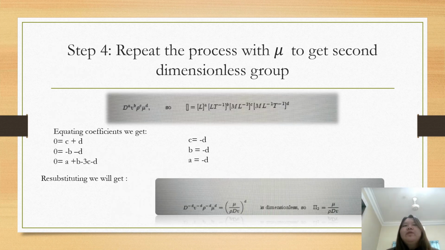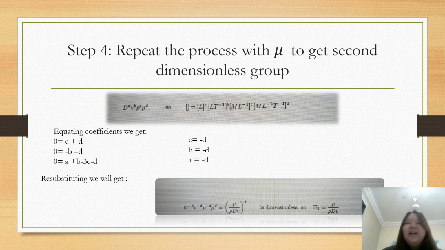So for step 4, we repeat the process with viscosity to get the second dimensionless group. So we do what we did before. Just insert the viscosity in the formula like this. Same with what we did just now, we equate coefficients. We get 0 equals C plus D, 0 equals negative B minus D, 0 equals A plus B, minus 3C minus D. So at the end we get C equals negative D, B equals negative D, A equals negative D. So we start substituting these values into the formula above.